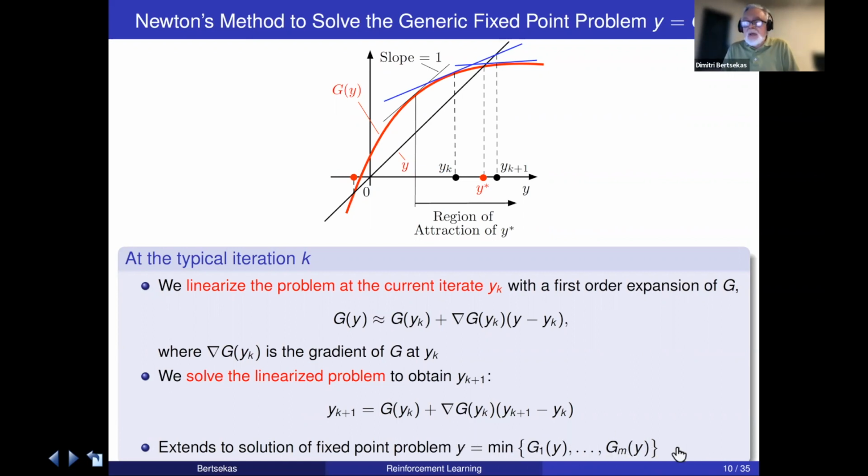People have worked out the details, have done a lot of work on this type of non-differentiable Newton's method, and it turns out that it has similarly very fast convergence properties as the one corresponding to the differentiable case that you see here, and that's more familiar.